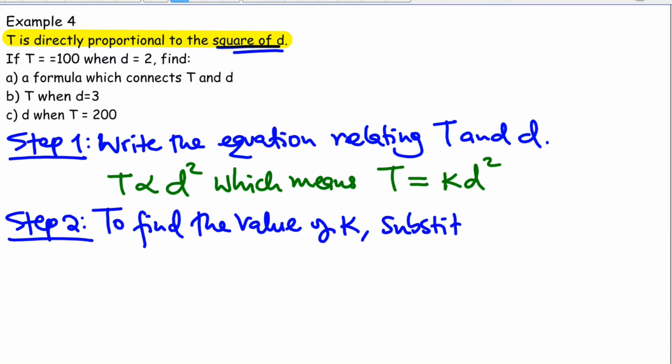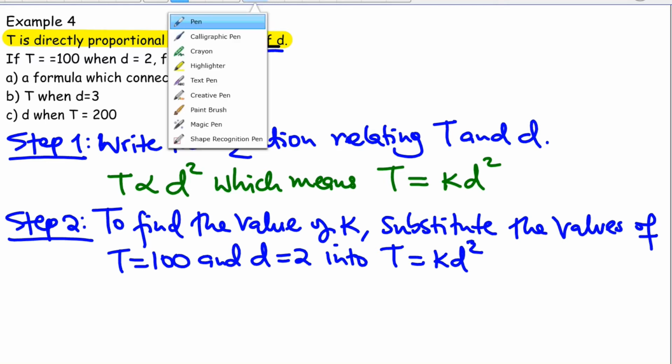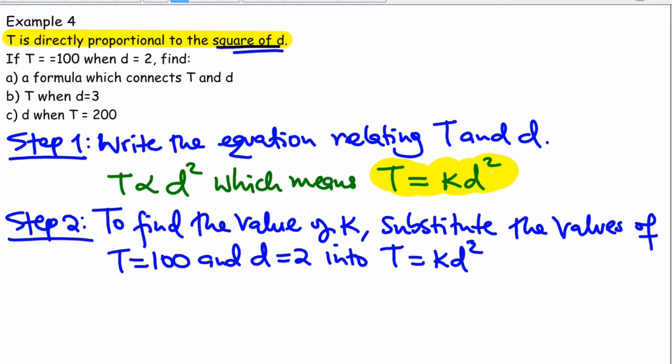Okay, now this is basically what you have here, right? So we need to plug in those values of t and d into that equation to be able to find the value of k.